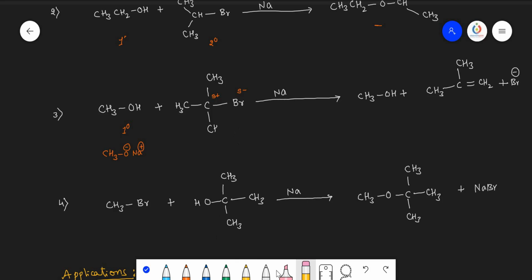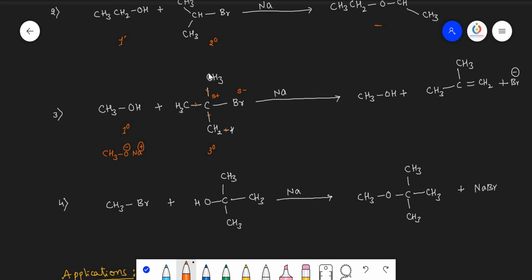I'll write here, say this is CH2 and hydrogen. As I said earlier, this is the tertiary alkyl halide. Now, this partially positive charged carbon withdraws the electrons from all these carbon atoms, and these carbon atoms get a little partial positive charge due to the inductive effect, so that they withdraw the electrons from their respective hydrogens.